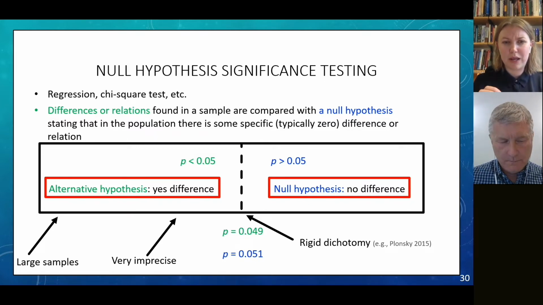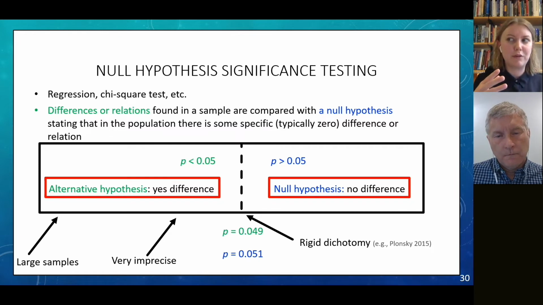And also this is very imprecise, and this is where we'll be focusing our attention: we reject the null so that we can talk about the alternative hypothesis instead and say, yes, there's a difference, but that's not precise at all. There's something going on there, we don't really know what, but we know that we can reject the null.